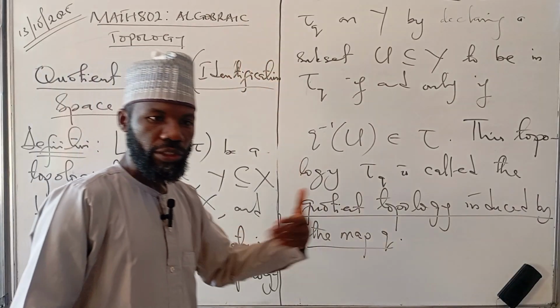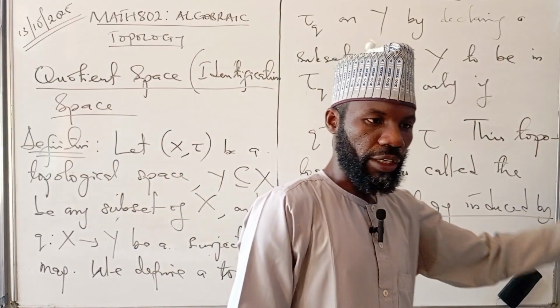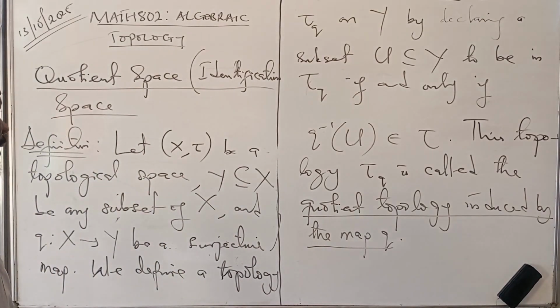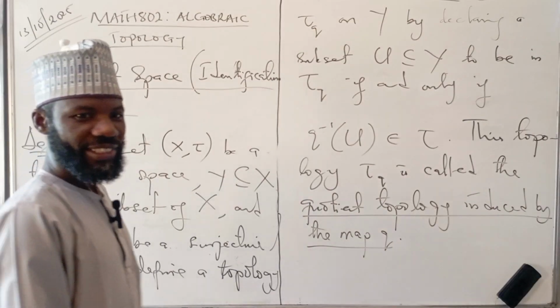And Y will be the topological space obtained by the quotient topology, or it will be the quotient space.